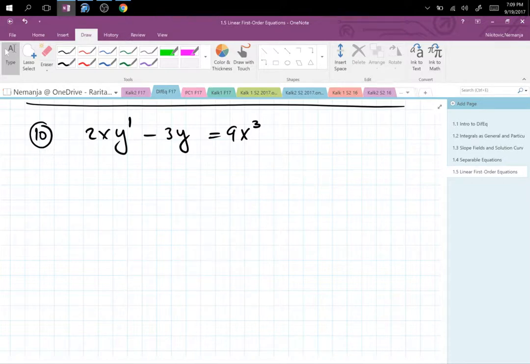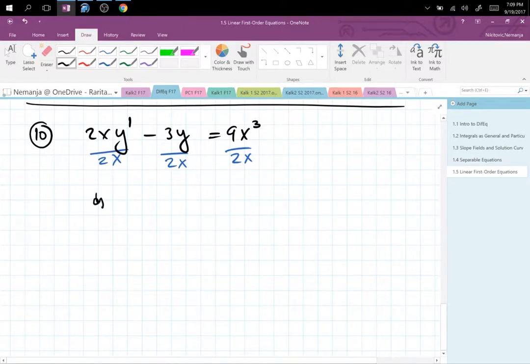All right, so what is the first thing we have to do? Divide by 2x. So the first order of business is to divide 2x everywhere because our y prime needs to be alone.